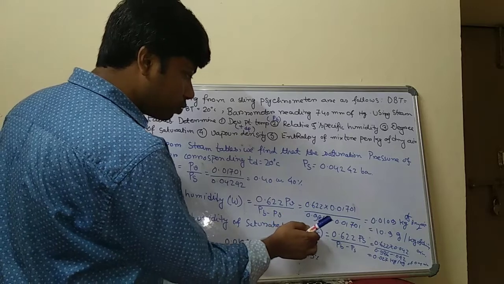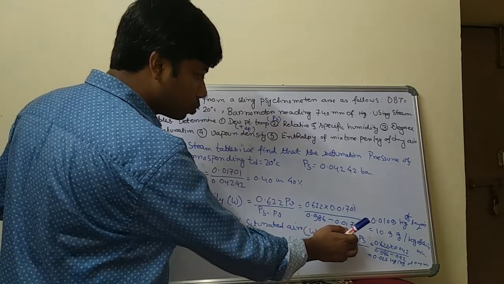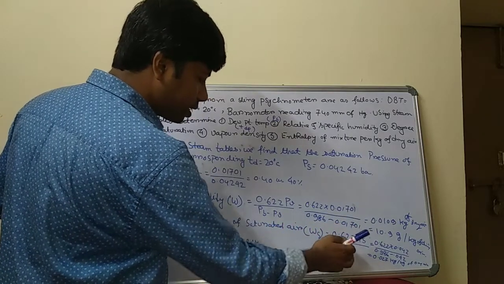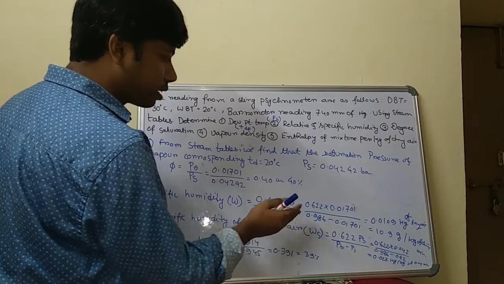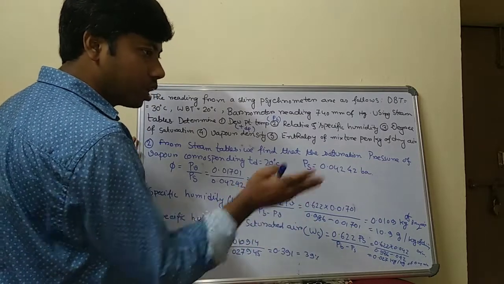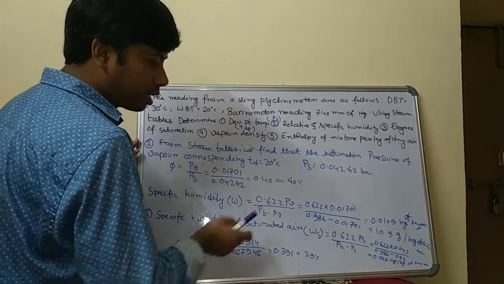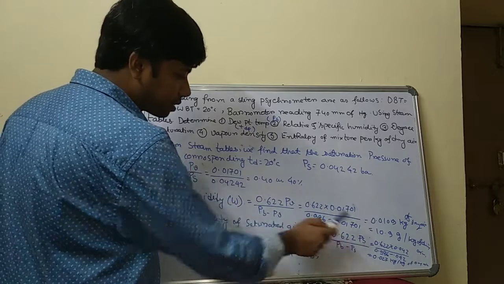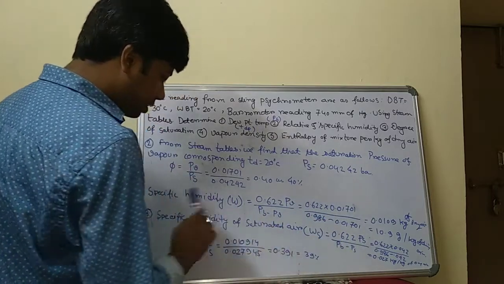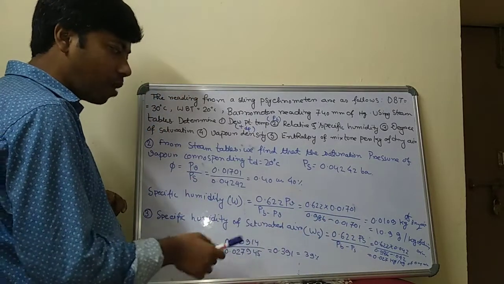So WS will be calculated from 0.622 PS divided by PB minus PS, because when the partial vapor pressure is shifted to the saturation pressure, it gives you the specific humidity of saturated air.